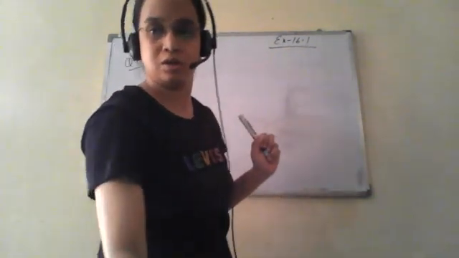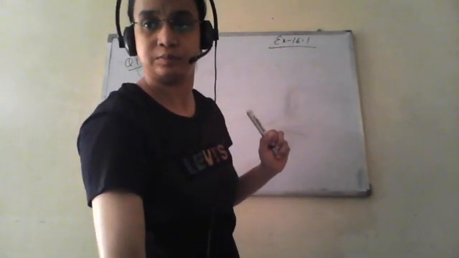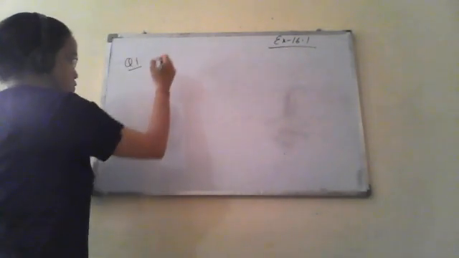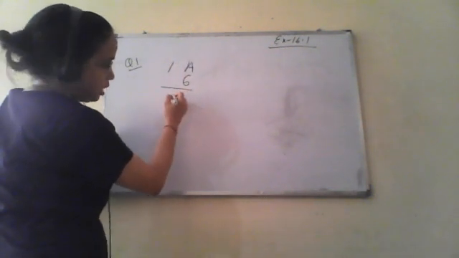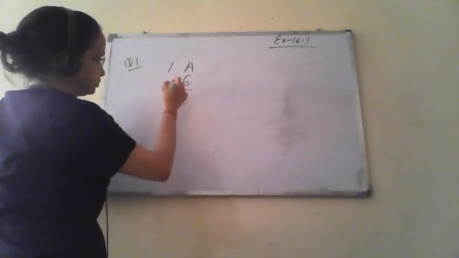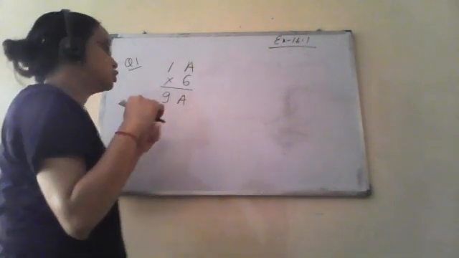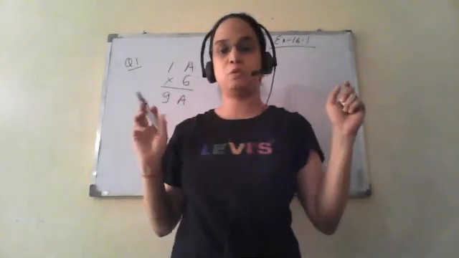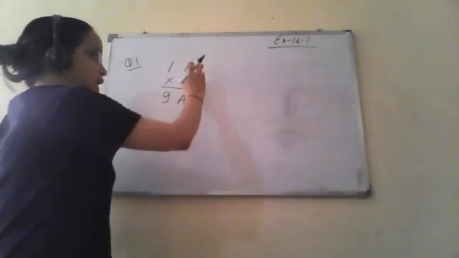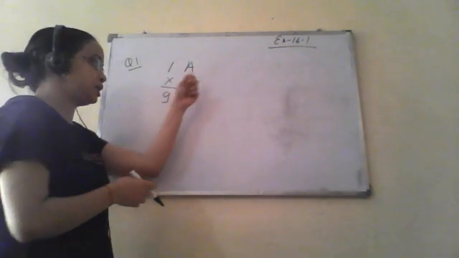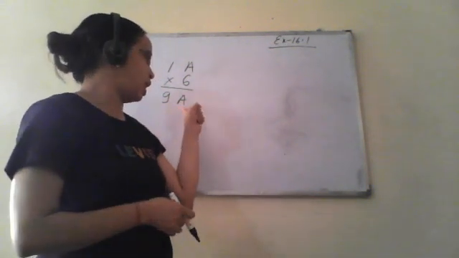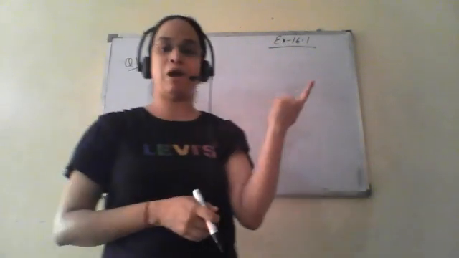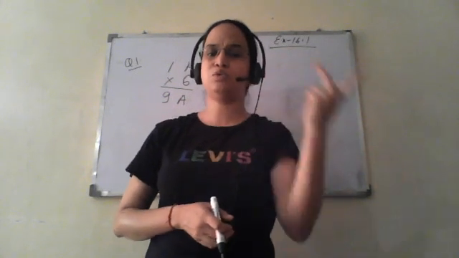Now the third question is 1A multiplied by 6, giving A again, so these A and A have to be the same digit. What can be multiplied by 6 so that the number has the same digit at its units place? We do some hit and trial.